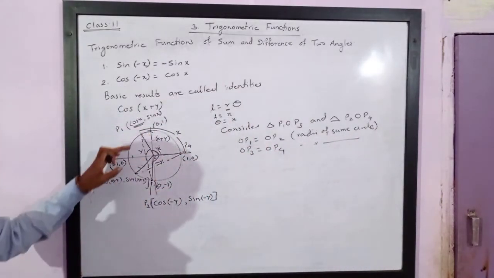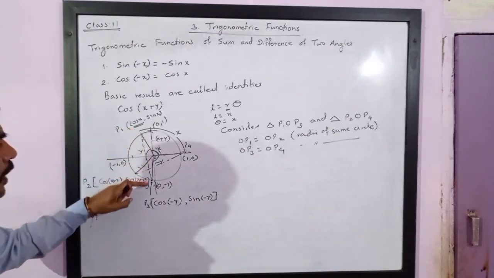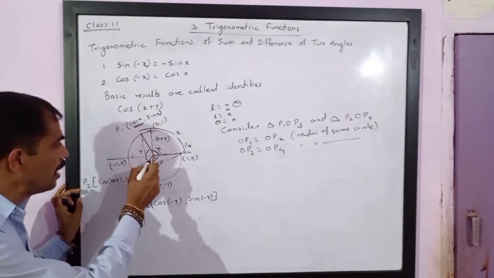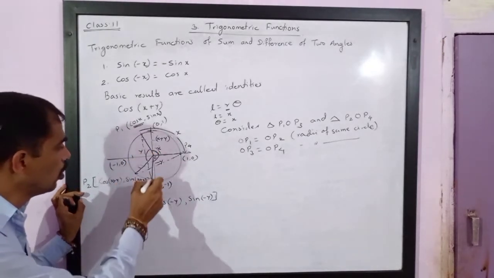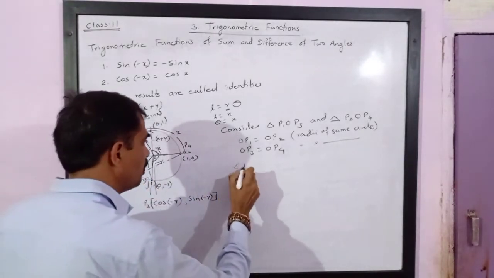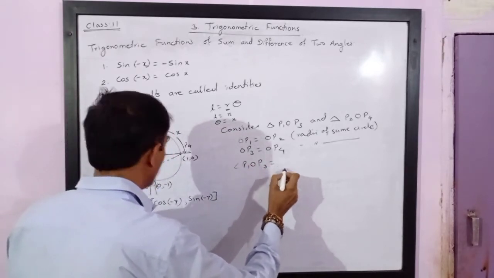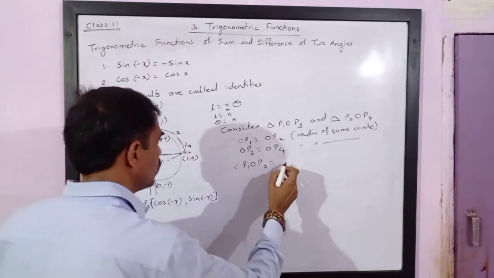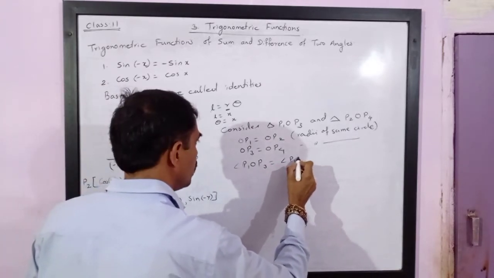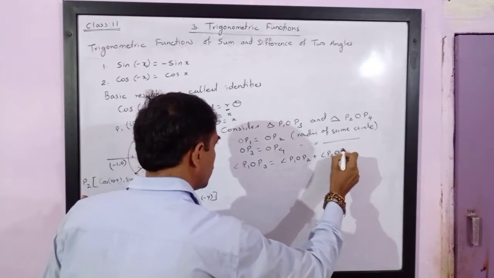Now see, angle P1O P3 is equal to y plus P2O P3. So try to understand the figure. You will get angle P1O P3 is equal to angle P1O P2 plus angle P2O P3.